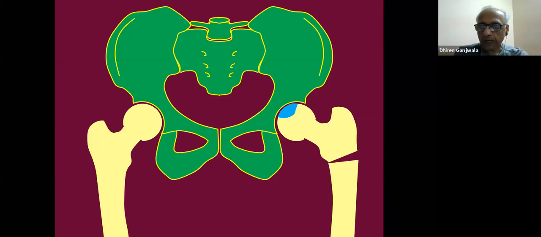The proximal fragment will remain in abduction, but when the child is walking, the limb is now straight, perpendicular to the ground, and at that point the proximal part of the hip will remain in abduction. So that's the concept of varus osteotomy.